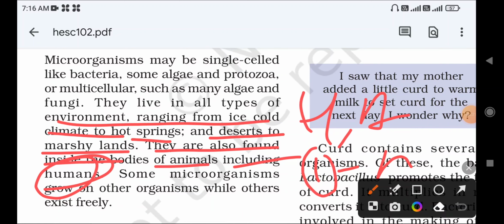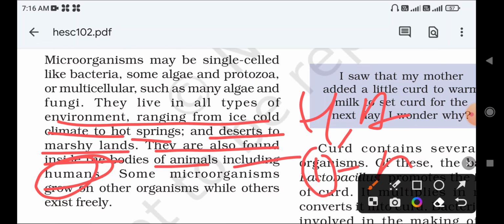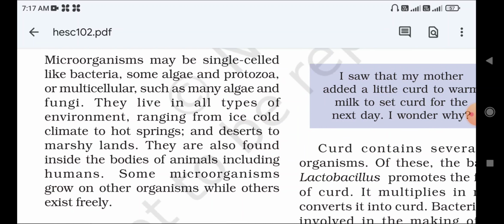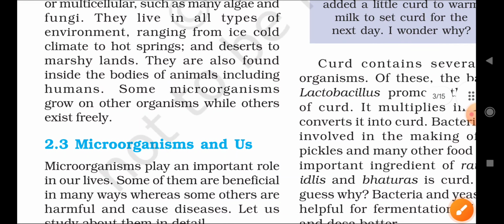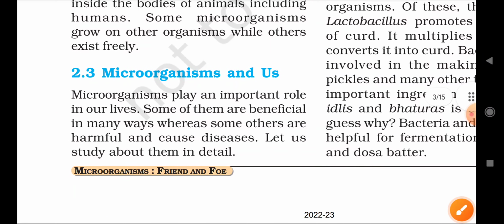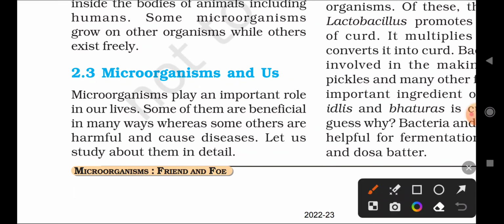Everywhere the microorganisms can survive. Whatever the habitat is, whatever the environment is, they can easily survive and reproduce rapidly. This is how microorganisms live and reproduce their populations, right?